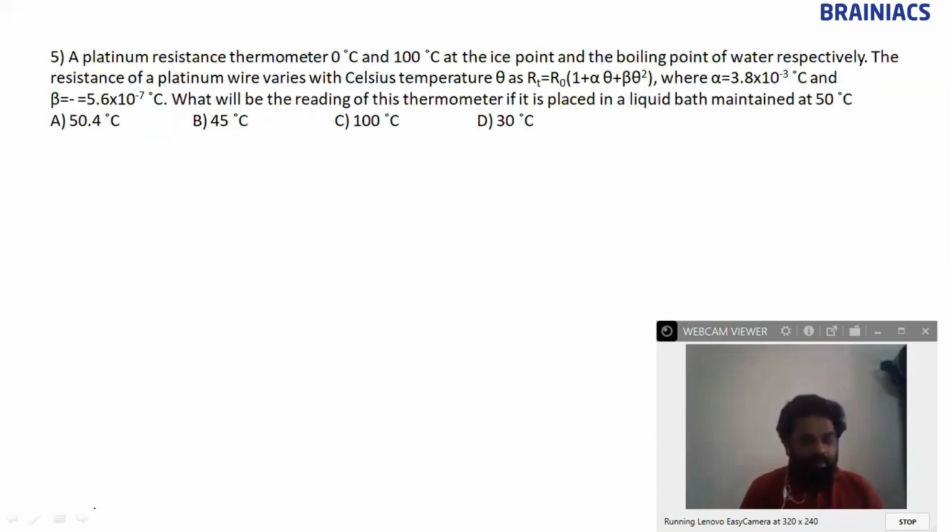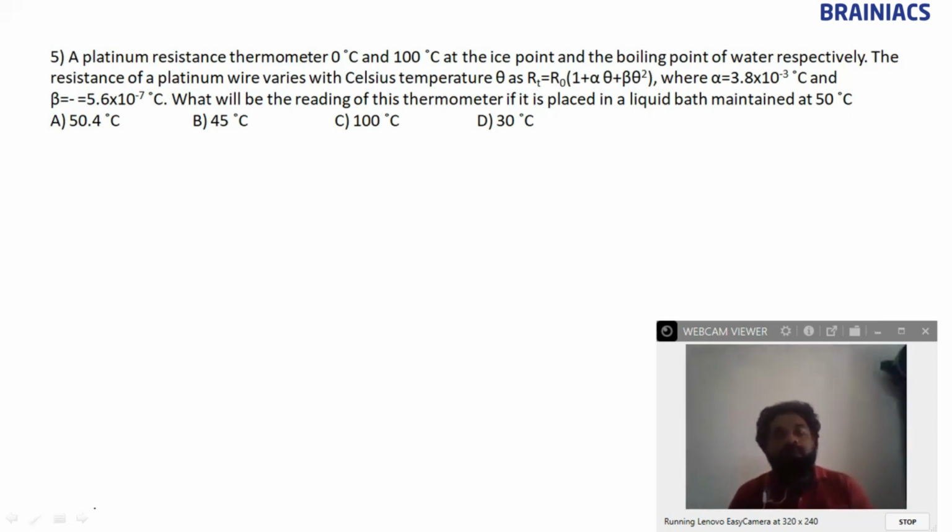Another problem: a platinum resistance thermometer has 0 degrees Celsius and 100 degrees Celsius at the ice point and boiling point of water respectively. The resistance of a platinum wire varies with the Celsius temperature theta as RT is equal to R naught into 1 plus alpha theta plus beta theta square.